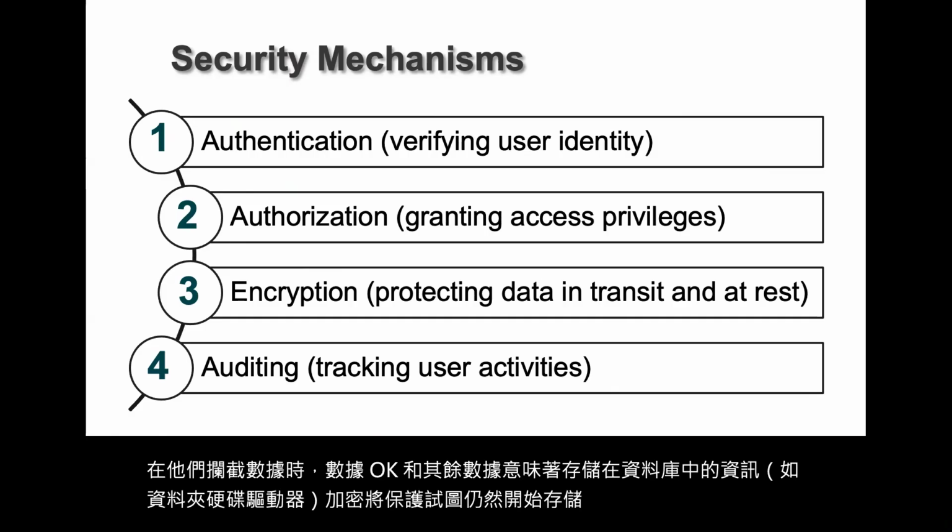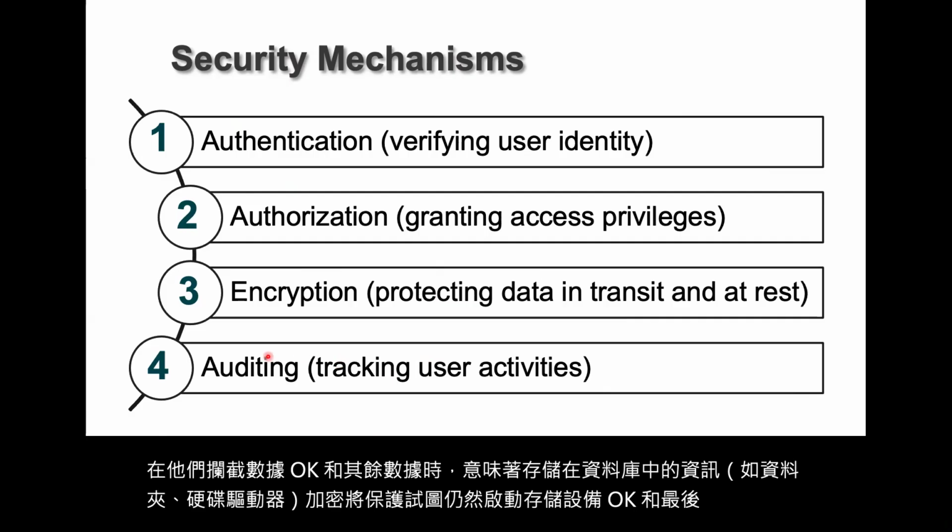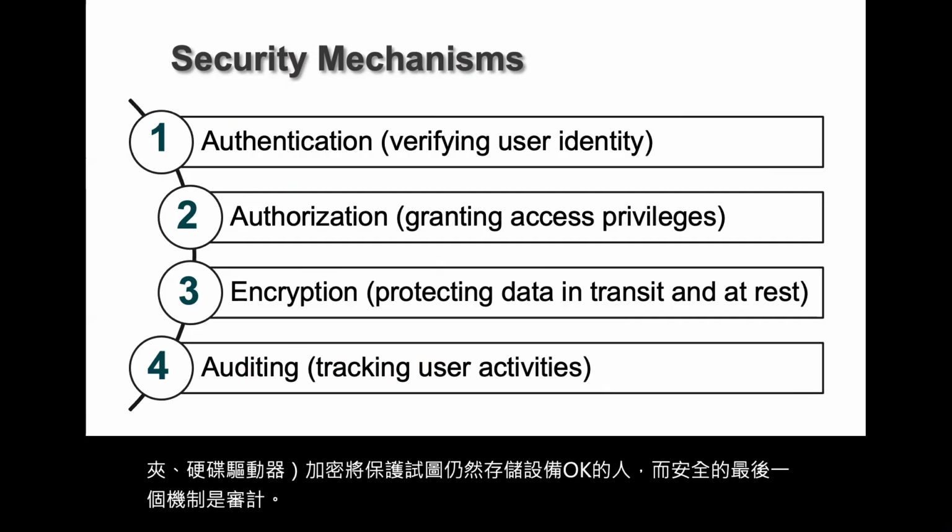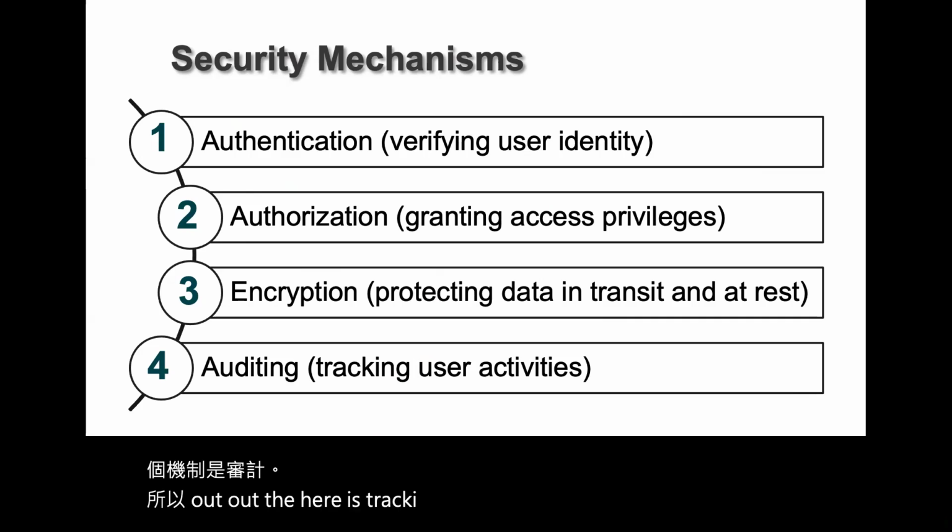Okay. And the last mechanism of the security is the auditing. So auditing here means tracking the user activity. It's not keeping a security camera running to record everything that happens in the database.